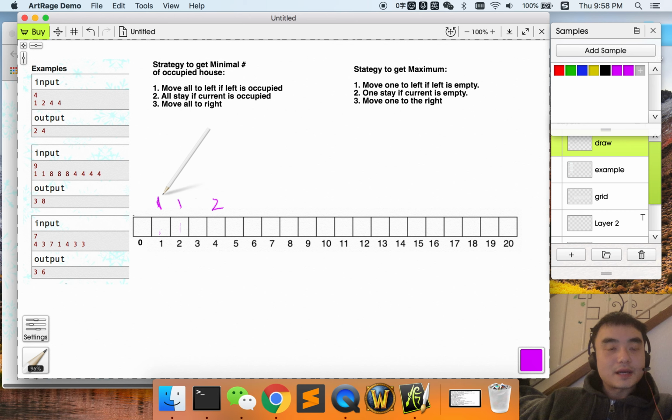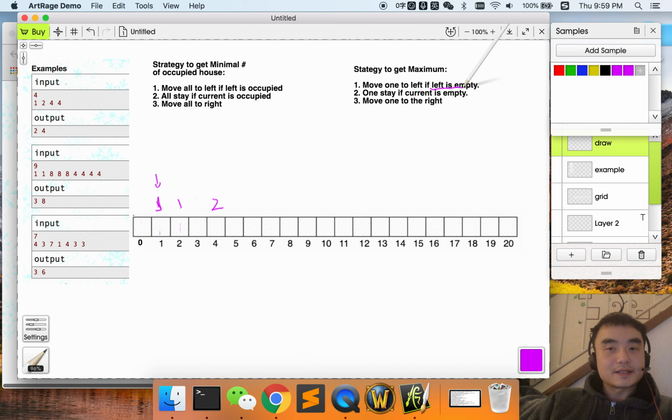So in this way, the people outside of the room are not placed yet, and we will place these guys into the rooms, right? So for the first house, we move this guy to its left, right?